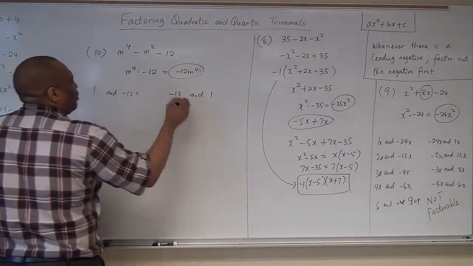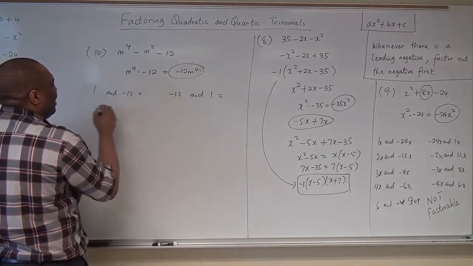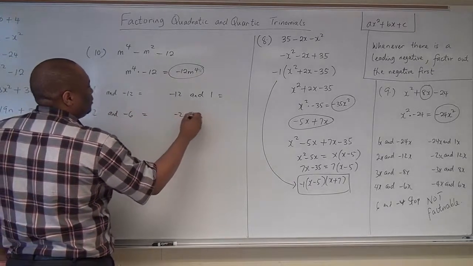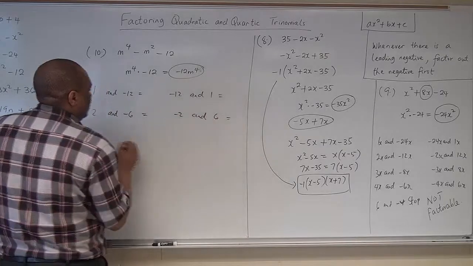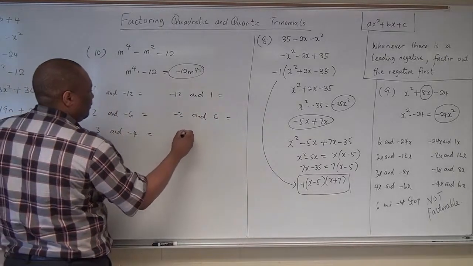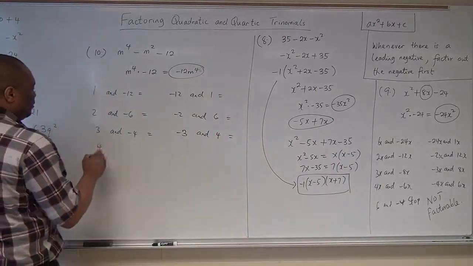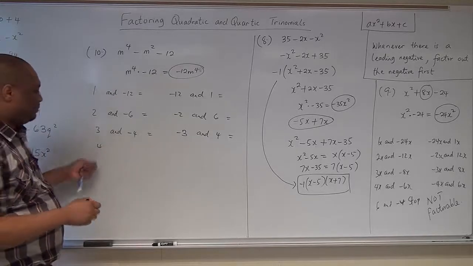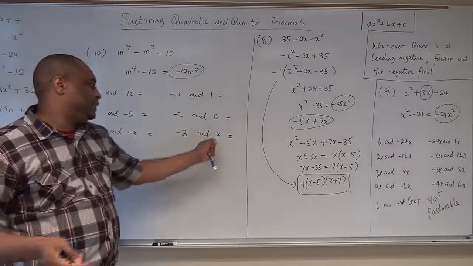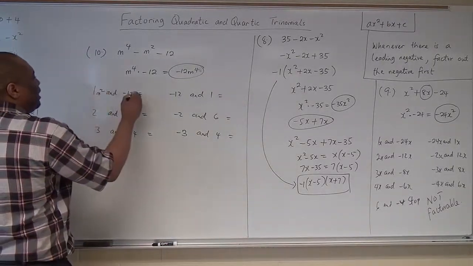Then 2 and negative 6, negative 2 and 6. We have 3 and negative 4, negative 3 and 4. Then we have 4. We've mentioned it before, so we stop. Because the next thing is 4 and negative 3, which we've mentioned here. So we stop.